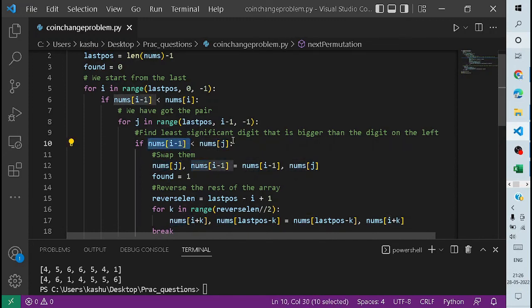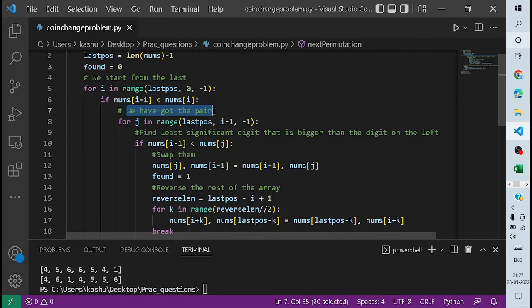to find the number that is bigger than this particular number. So I am finding the least significant digit that is bigger than the digit on the left of the pair. Again, I have found the pair where the left side is smaller than the right side digit.